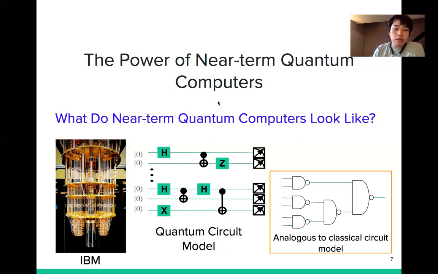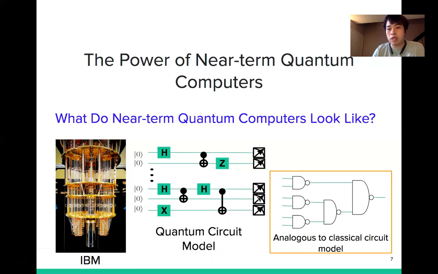And in the quantum circuit model, you have qubits as input. Here is a qubit, which is some quantum state. Then you have quantum gates operating on this input, and then you have qubits as output. But because people cannot read quantum information, you need to use measurement.